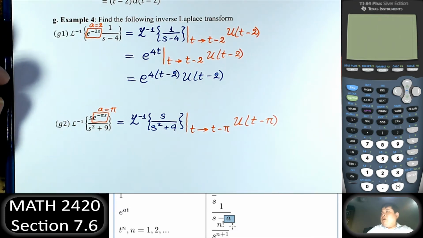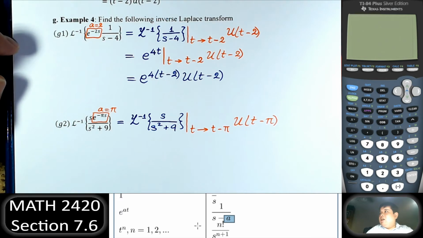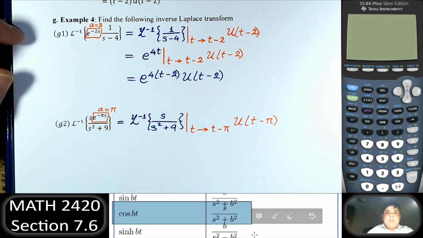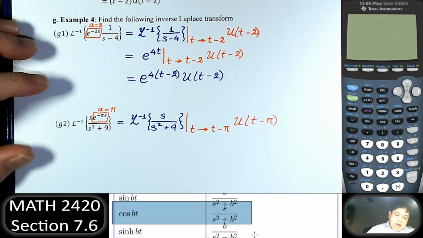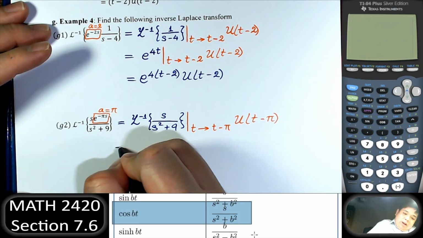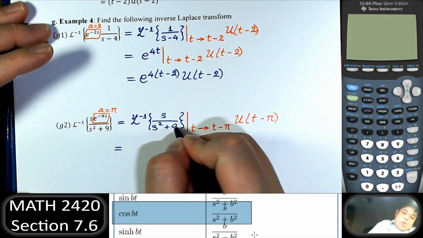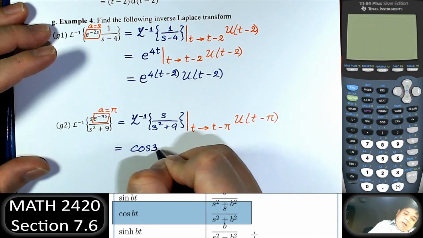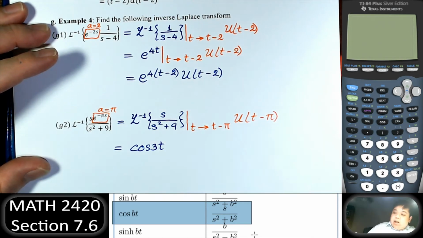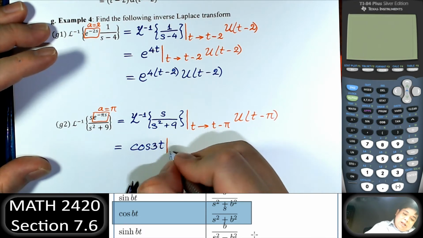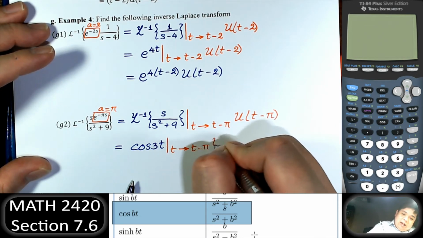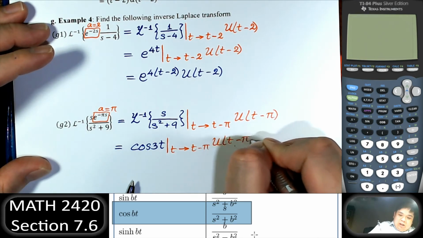So the e to negative as, the inverse transform, we have two things. The transform of s over s squared plus 9, so that is the cosine. So we will have 9 is 3 squared, right? So this is cosine of 3t, but we have to replace t by t minus pi and then u of t minus pi.